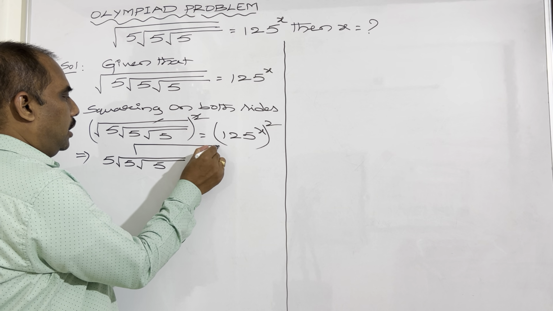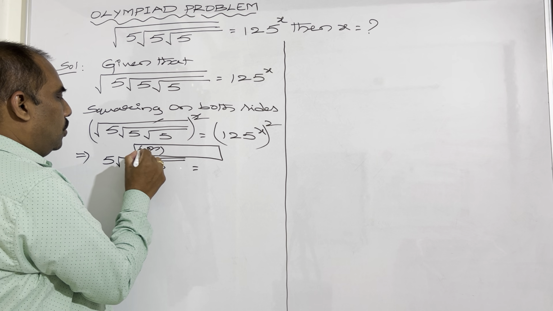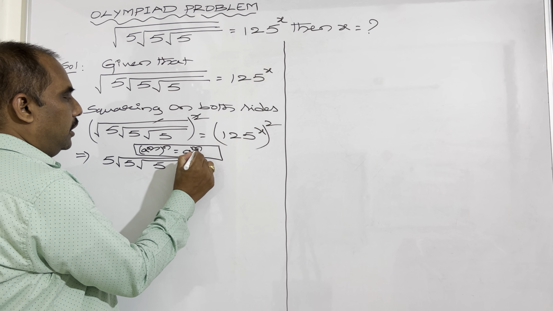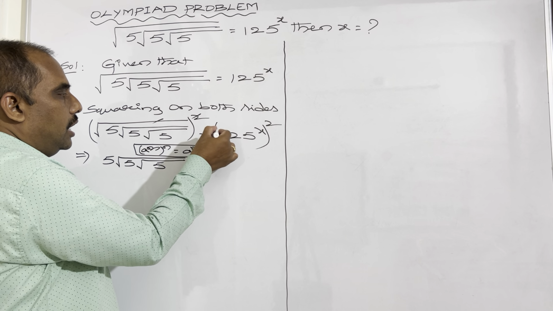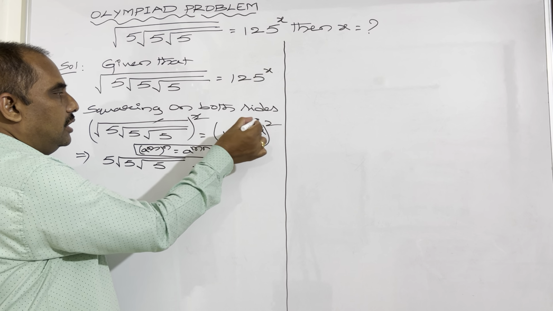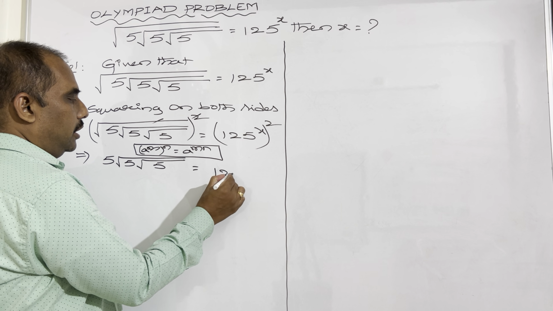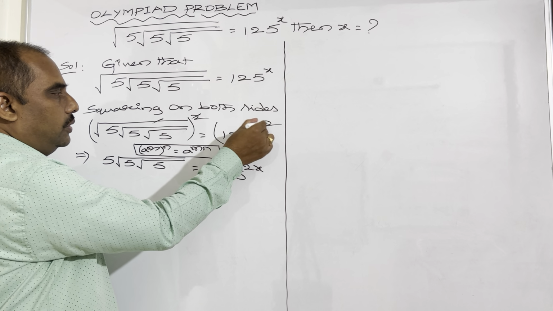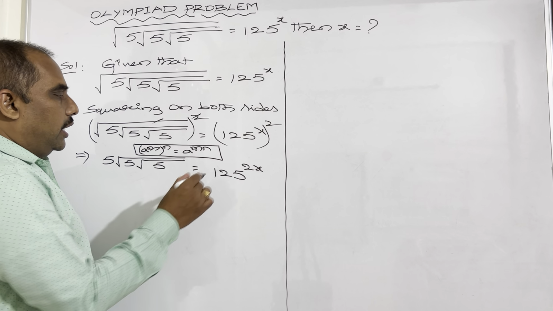We have one of the properties, a to the power of m whole to the power of n is equal to a to the power of mn. So here a is 125, m is x and n is 2. As per this property, we can write it as 125 whole to the power of 2x.